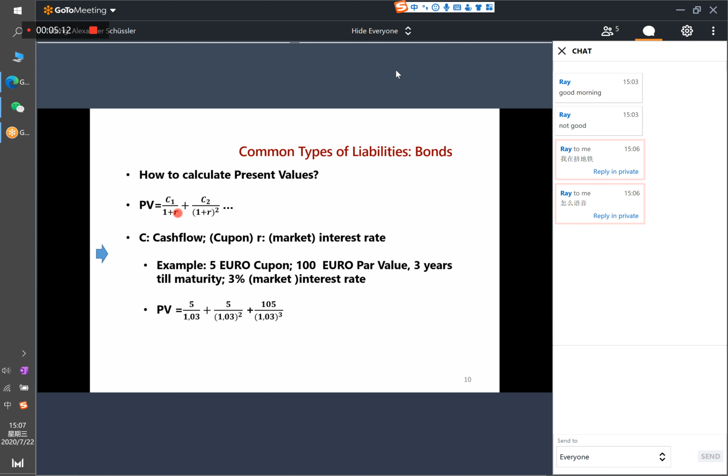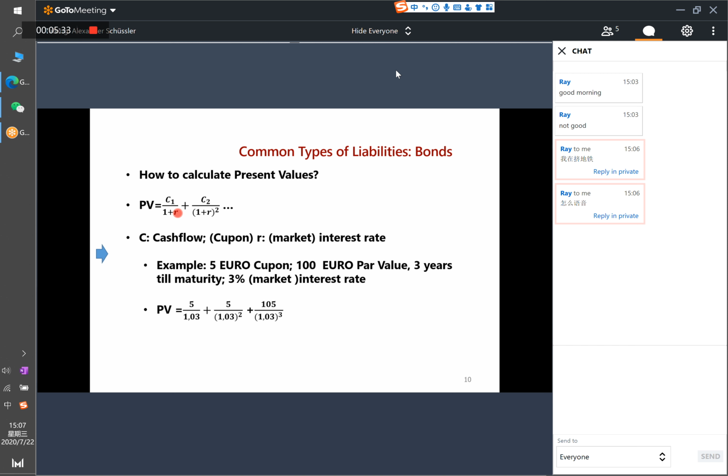At the bottom we have an example. We have a bond with a €5 coupon. So €5 is the interest payment that is paid annually, and €100 is the par value or principal value. We have 3 years to maturity, and we assume that our market interest rate is 3%.